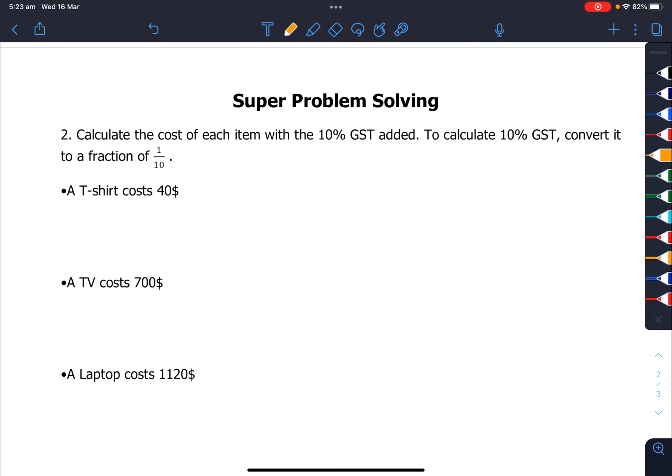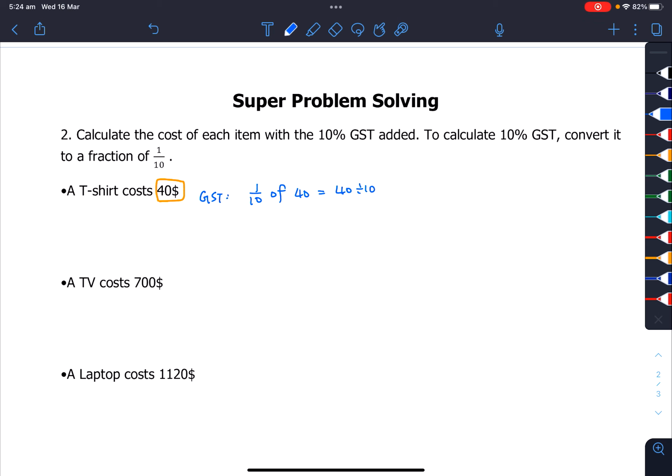Okay, now we go back to the questions. If a t-shirt costs $40, so the money we need to pay, we need to calculate GST first. GST is 1/10. You can say 10%. 1/10 of 40 equal to 40 divided by 10, right?